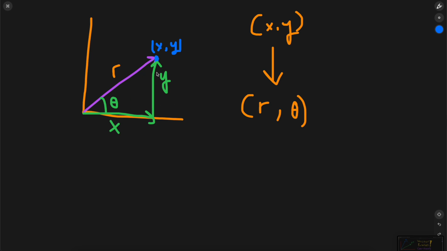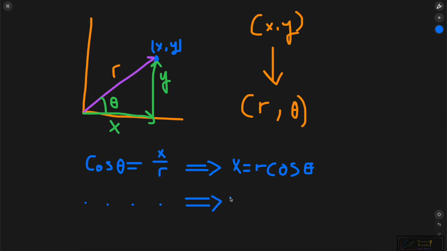How we define x and y within the realm of polar coordinates is we say, well, if I look at cosine of theta, that's simply adjacent over hypotenuse, so that's x over r, which leads to the idea that x is equal to r cosine of theta. Similarly, we can do the same thing with sine, and we'll get the identity that y is equal to r sine of theta.